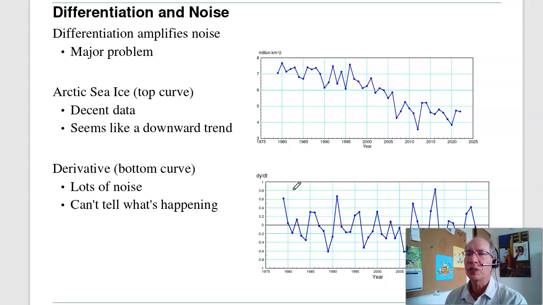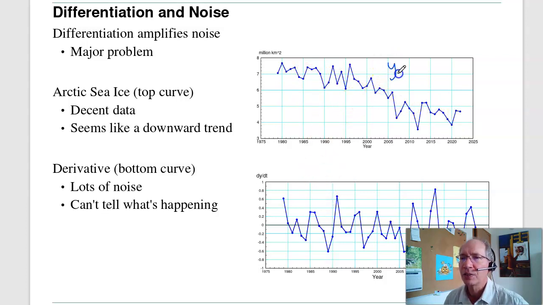Differentiation is really bad when there's noise. Typically when you have real data, there's always noise in it, like it's jittering up and down. When I take the derivative, that amplifies the noise. For example, from 2 weeks ago, this is the Arctic sea ice versus year. If I take the derivative of that function, here's what it looks like.